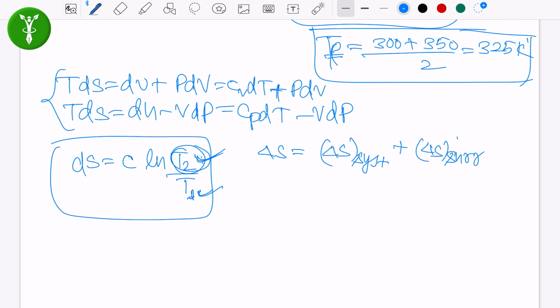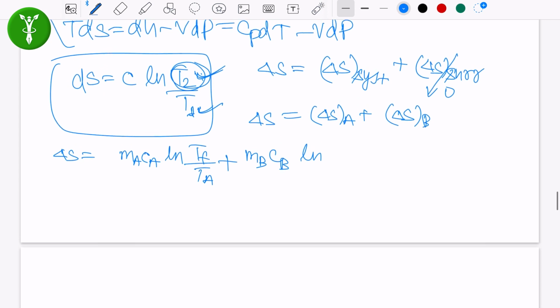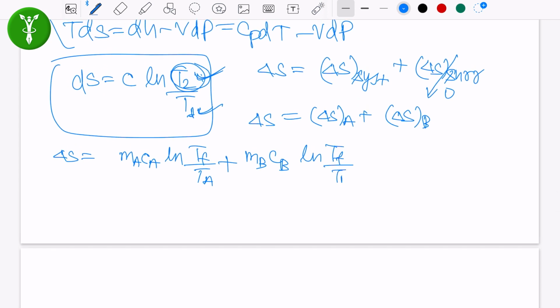Surrounding is 0, no heat transfer to the surrounding. So it is delta S of A plus delta S of B. Delta S of A will be MA CA ln of T final divided by TA, and for B also MB CB ln of T final by TB.